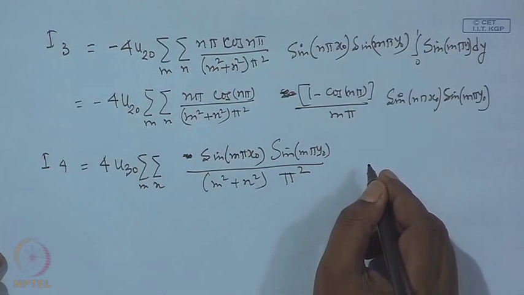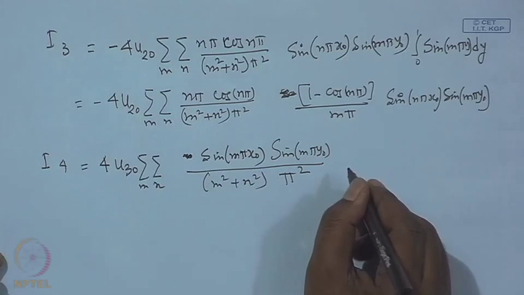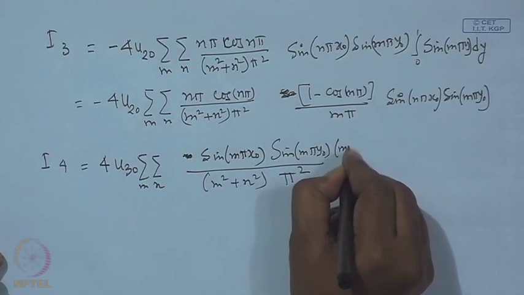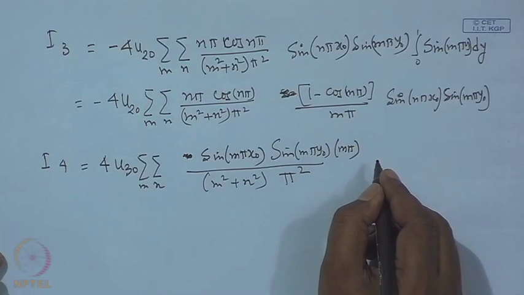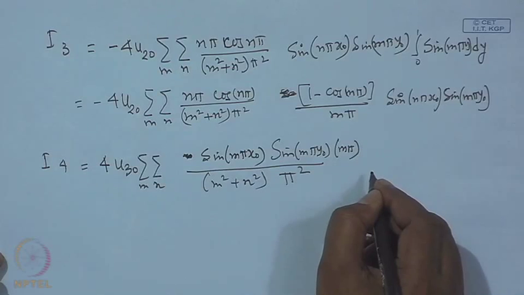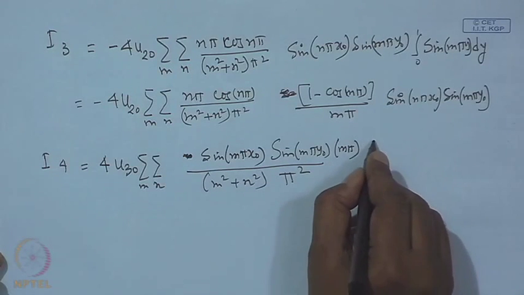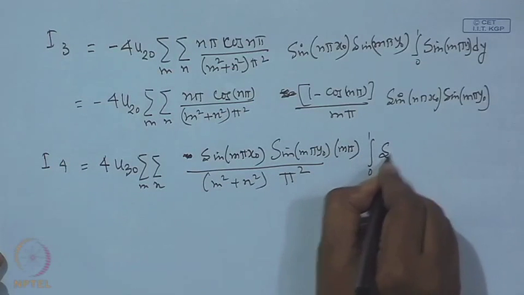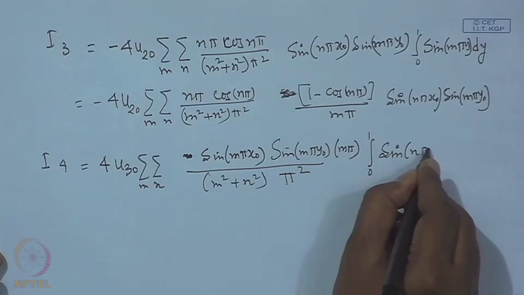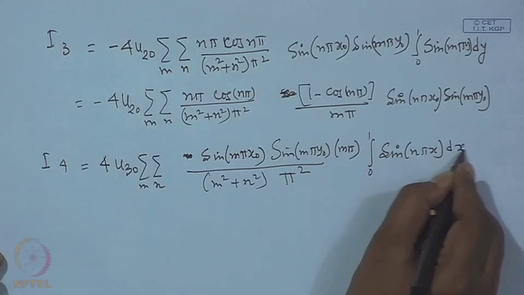So, del g del y will be nothing but m pi cosine m pi y naught evaluated at 0. So, that will be 1. Cos 0 will be 1, and then we will have the integral 0 to 1 of sin n pi x dx.